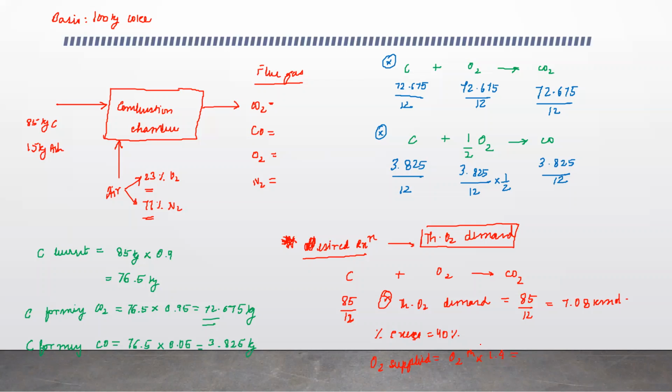So this is going to be 7.08 into 1.4, that is 9.9167 kilomoles approximately. So this is what we'll get as oxygen supplied.